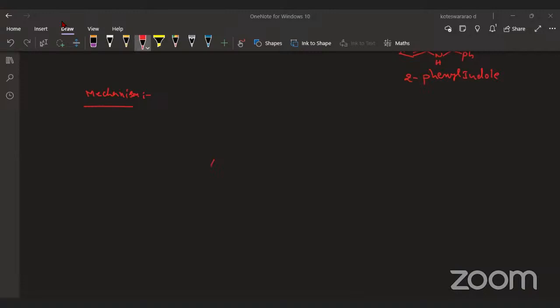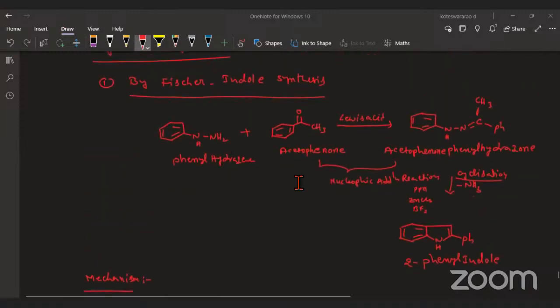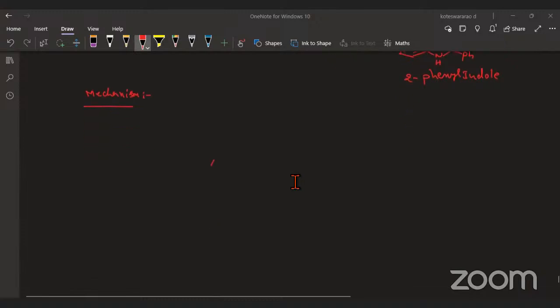Okay, I want to write the mechanism. The reaction starts with phenyl hydrazine and acetophenone. First, write the phenyl hydrazine, the starting material that initiates the reaction.